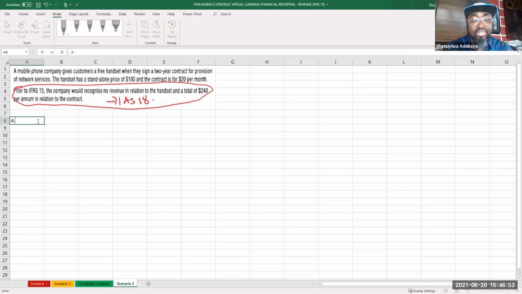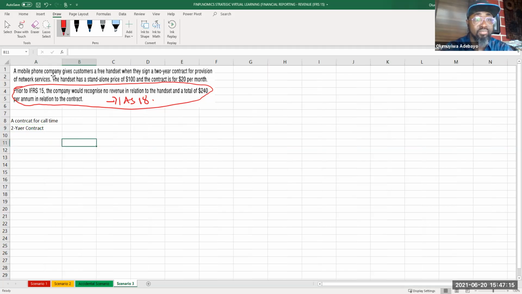First is that there is a contract for call time. How many years? It's a 2-year contract. A 2-year contract is the equivalent of 24 months. Is that not? 24 months.